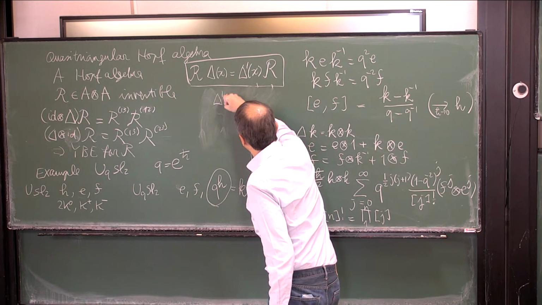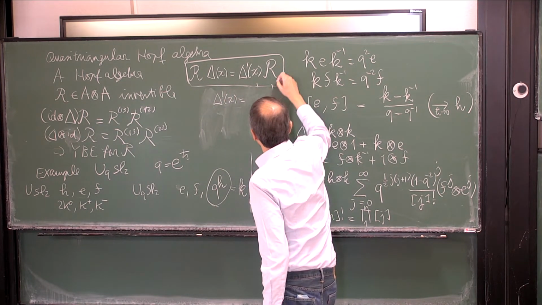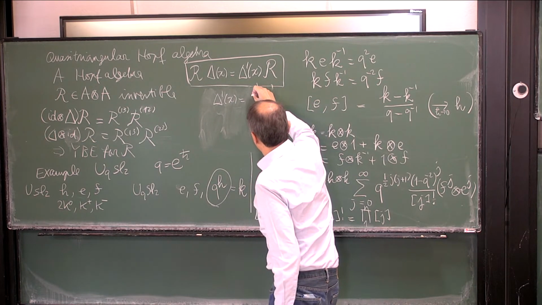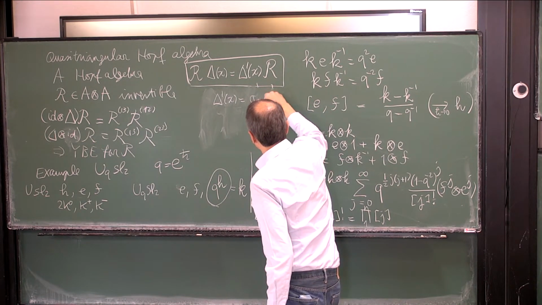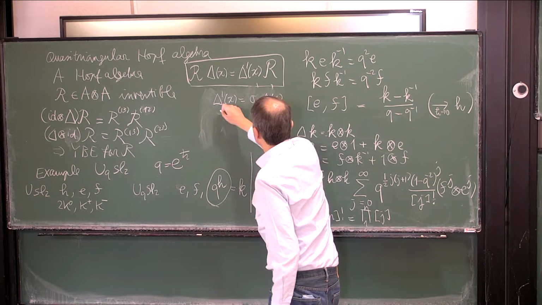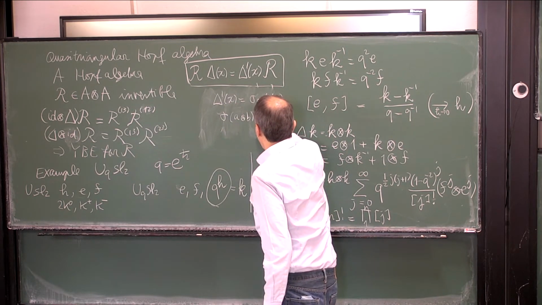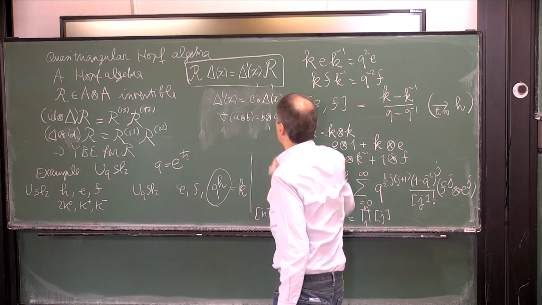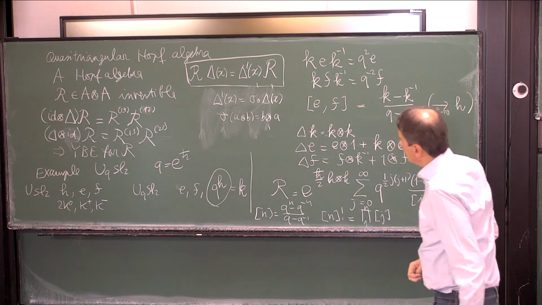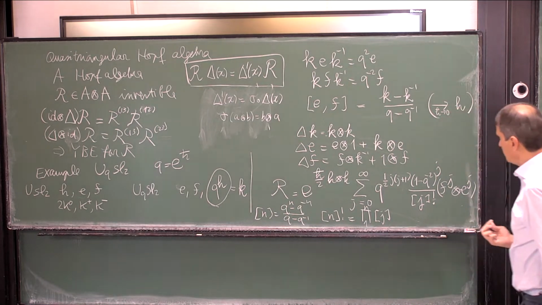So delta prime of x, for all x in the algebra, is sigma composed with delta of x, and sigma is a permutation of the factors in the algebra. It's the opposite coproduct. And this is what you need.